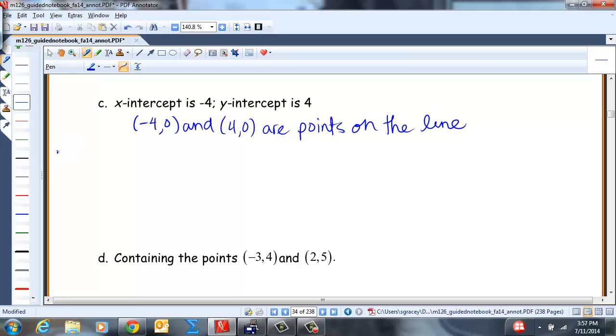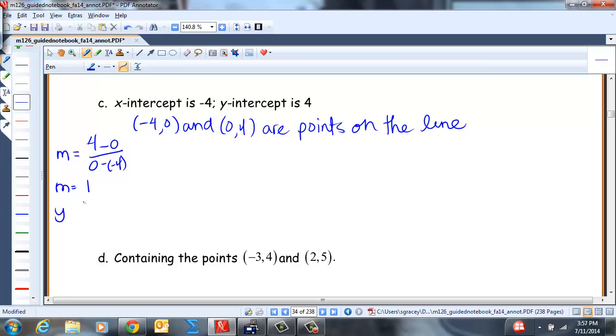We'll find our slope. So m equals 4 minus 0 over 0 minus -4. So the slope will be equal to 4 over 4, which is 1.